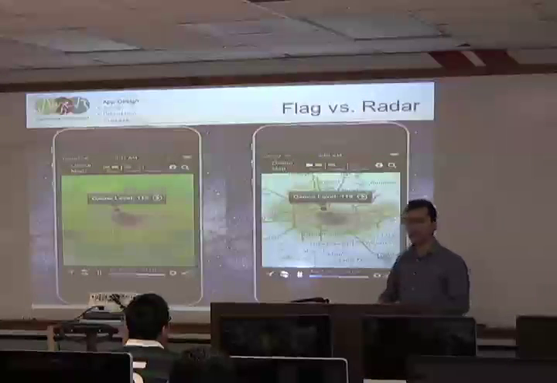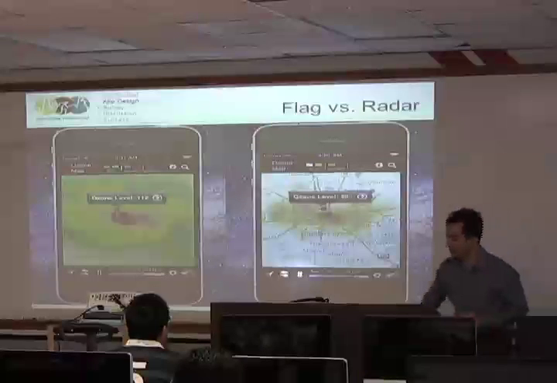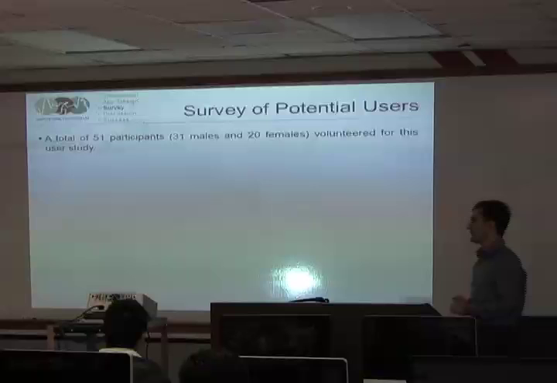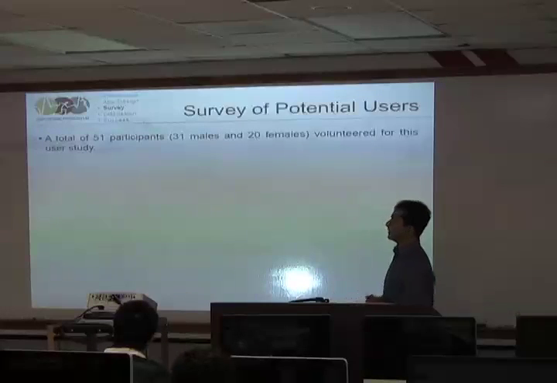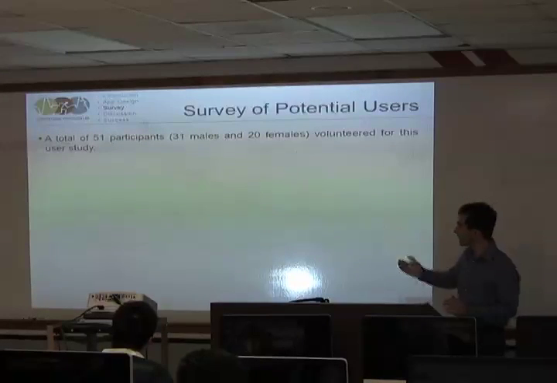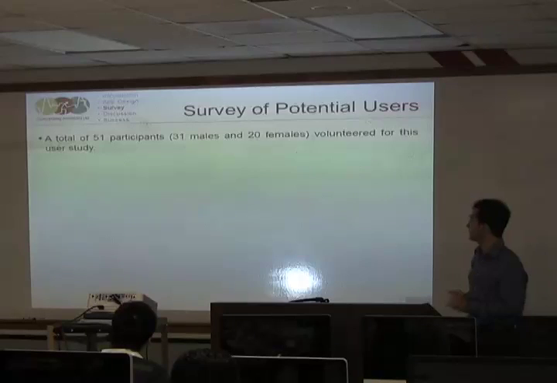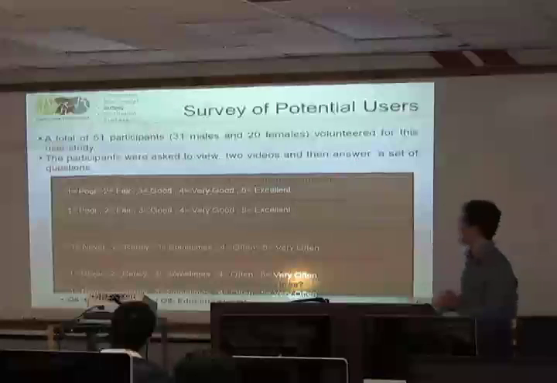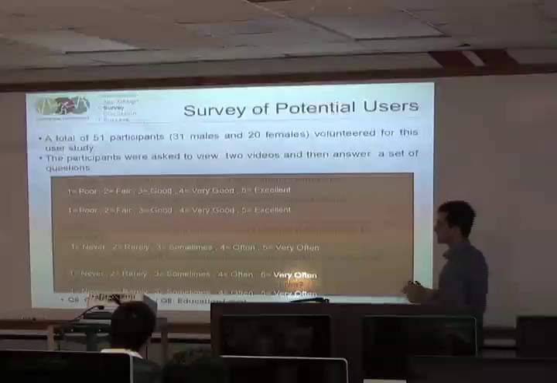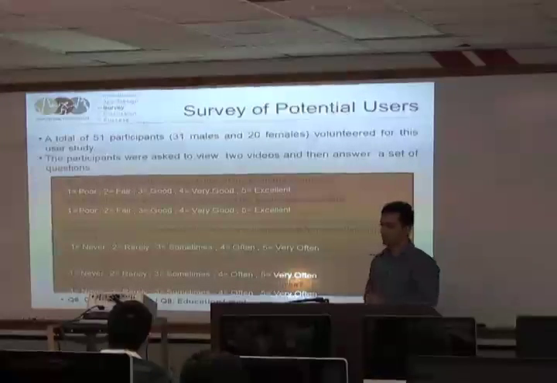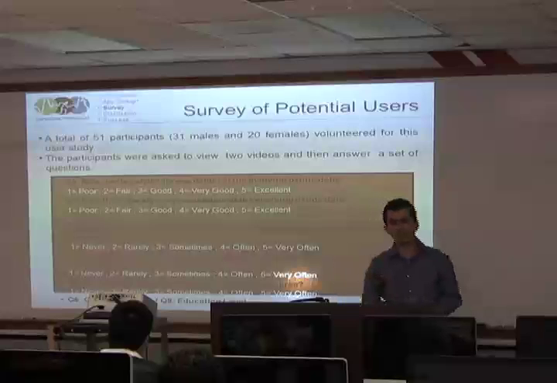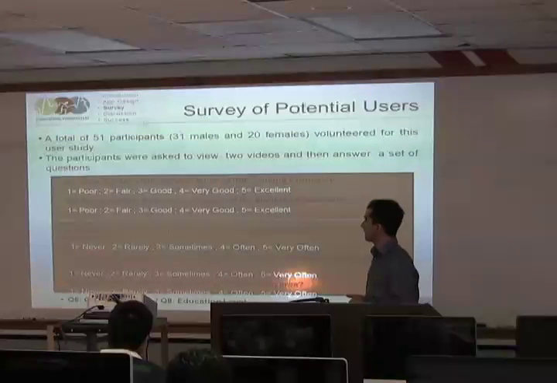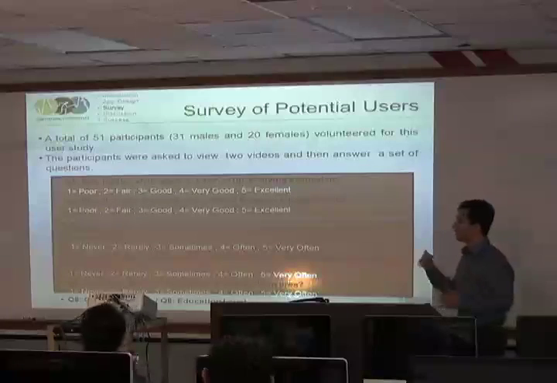Then what we did was take a survey. We took our thought to users and saw what they replied. We got 31 participants, and they responded to the following questions. The first and second questions are the most important for us because they relate exactly to design style: which they prefer, radar style or flag style.